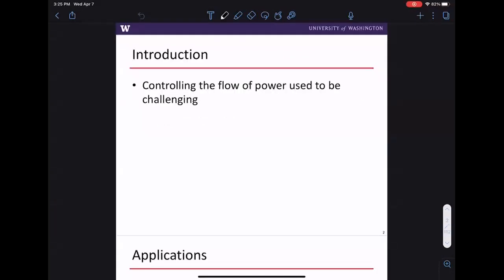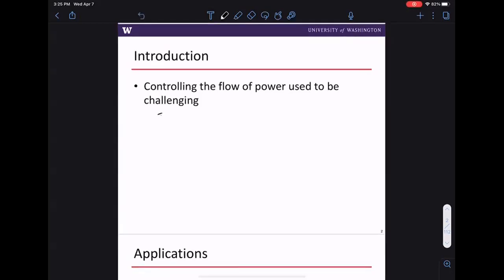Okay, so let's get back to class. All right, following up on what we said before the break: controlling power using mechanical devices, before electronics, is quite challenging. It's inefficient. It's slow, and involves heavy equipment.